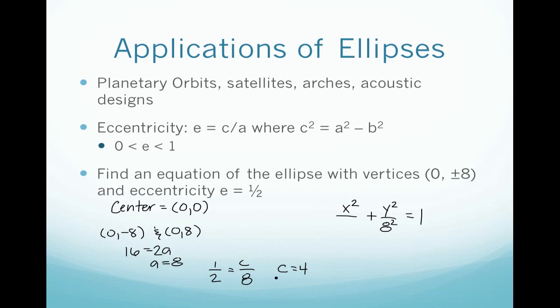So now we're going to set up the equation like we did on the previous slide, and we've got 4 squared equals 8 squared minus b squared. So now we get 16 equals 64 minus b squared. Therefore b squared equals 64 minus 16, which is 48. So b equals the square root of 48. So we're going to have over here the square root of 48 squared. And we've now found the equation.